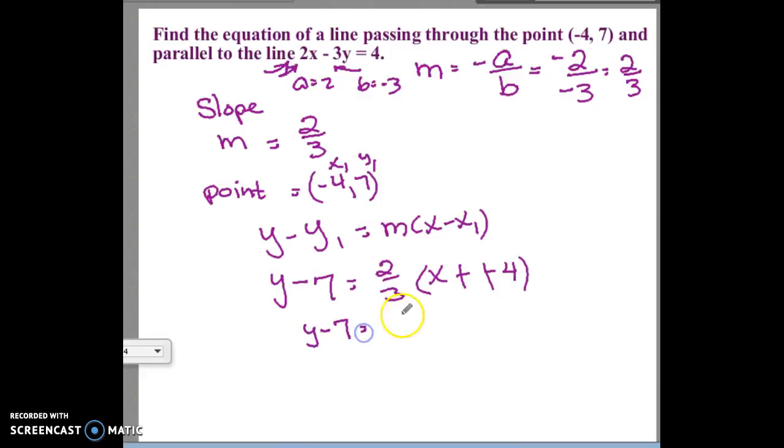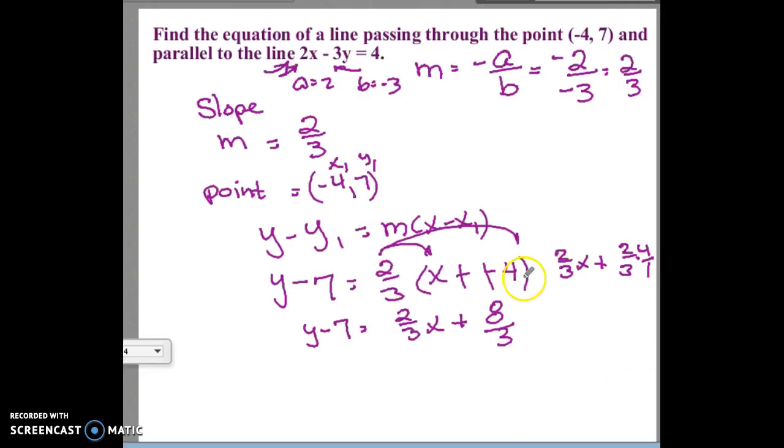So I have y minus 7 equals 2/3 x plus, because I do 2/3 times x, and then 2/3 times 4. I'm going to write that 4 as 4 over 1, and then I multiply the numerators, I multiply the denominators. So I have y minus 7 equals 2/3 x plus 8/3.